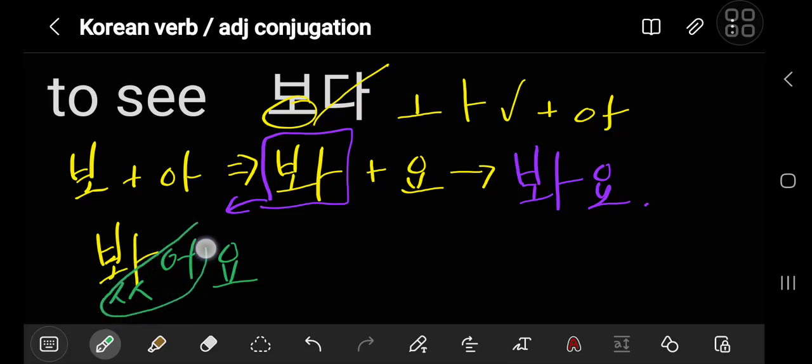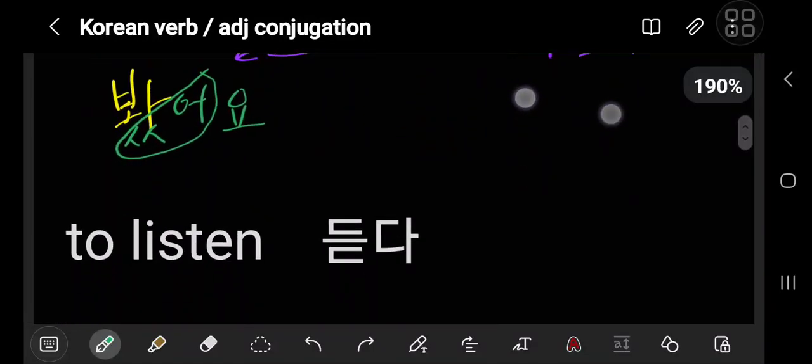Remember our past tense here, and then formality. Okay, so 봤어요. Hey, this movie, 봤어요? Did you see this movie? 이 영화 봤어요? Yes, I 봤어요 that movie just yesterday. So I just saw that movie yesterday.